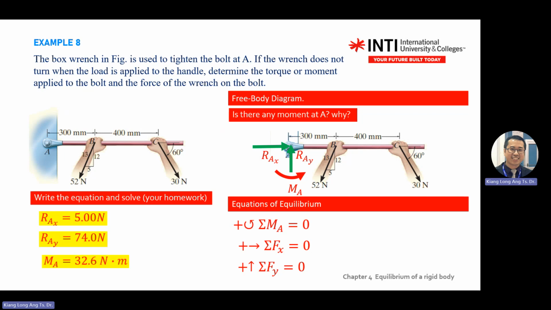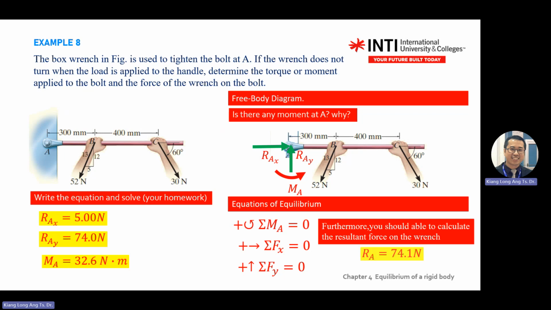So you get all the answer like this. Okay. RAX 5, RAY 74, MA is 32.6 Newton meter. In this case, anti-clockwise direction. And because you have AX, AY, you can calculate the resultant. Sometimes the question will help you.